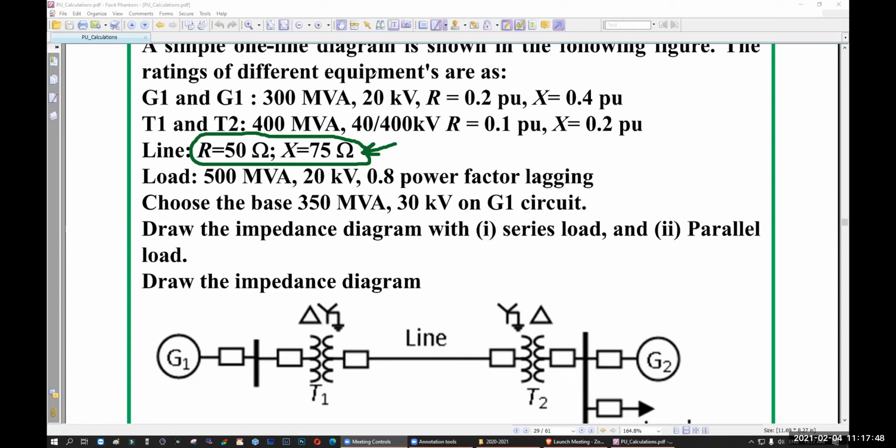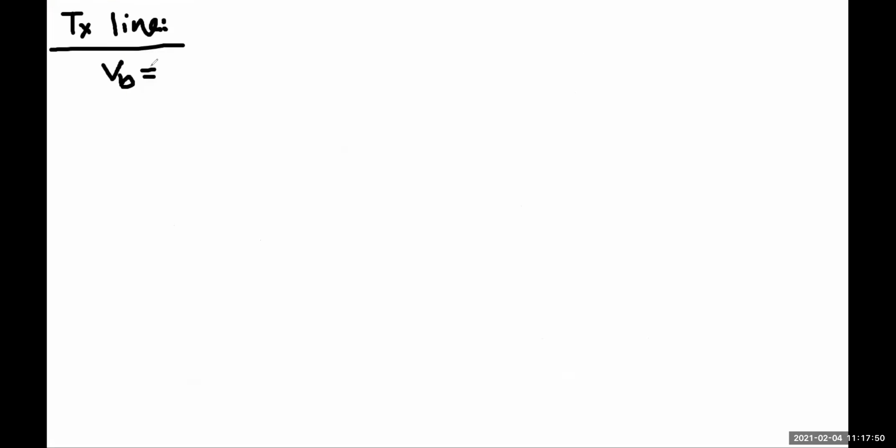So let's find out the V base. What is the V base for the transmission line? Anyone? For the generator, the V base is 30 kV. But for the transmission line, it will be how much? 300, sir. 300, exactly. And what is your S base? 350, sir. 350. Right, everyone?